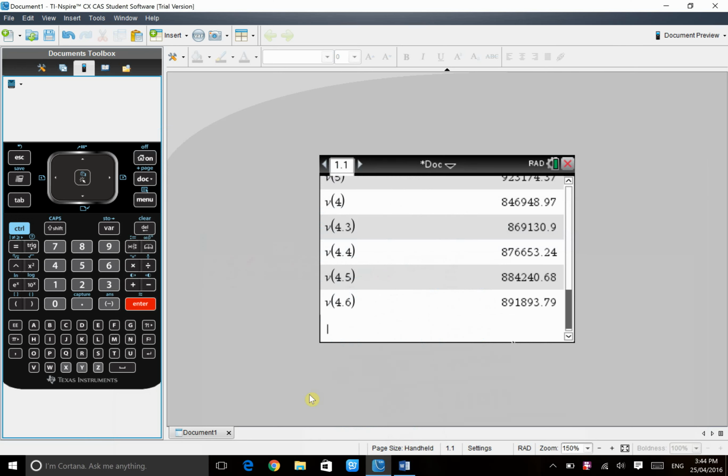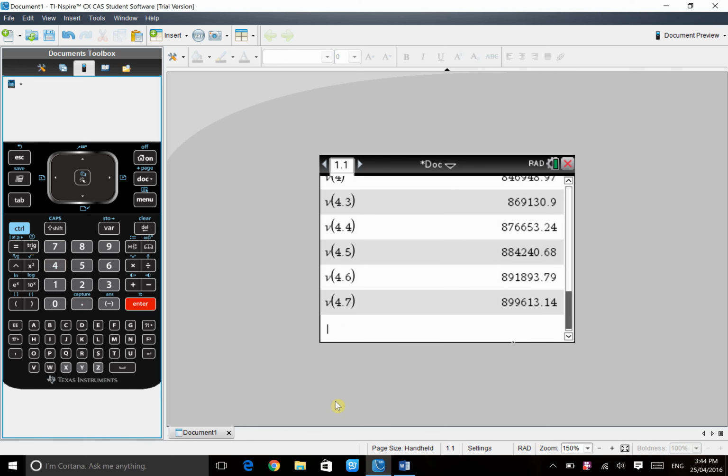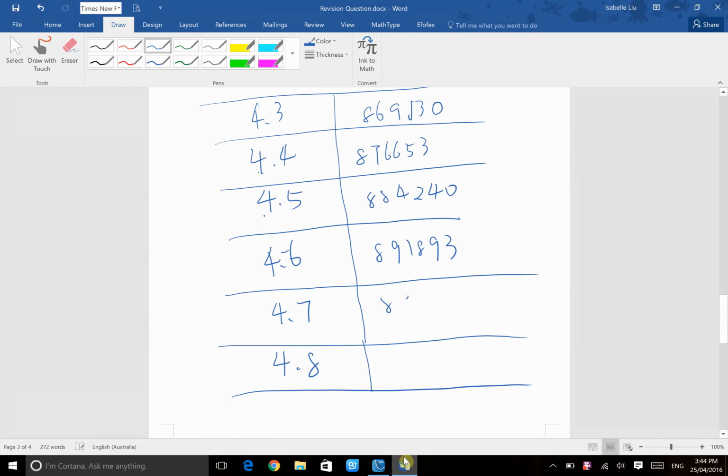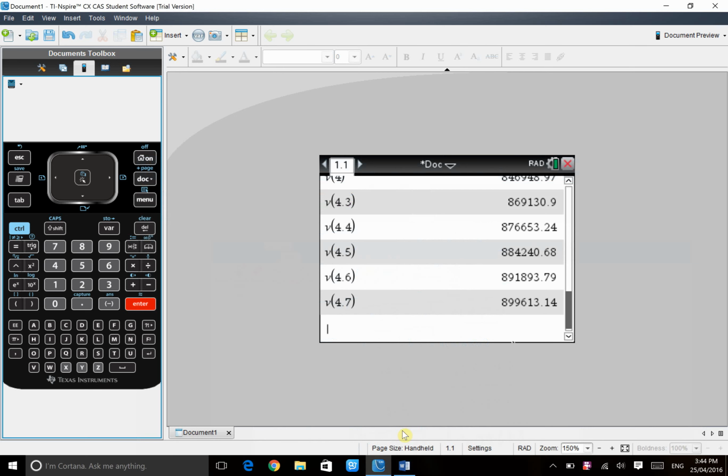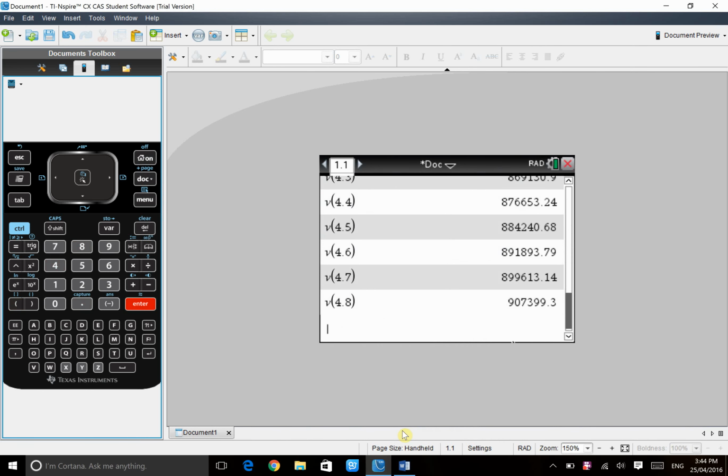Okay, let's continue to try V 4.7. So, it's still under, but it's quite close. 899613. It's pretty close. Let's try V 4.8.